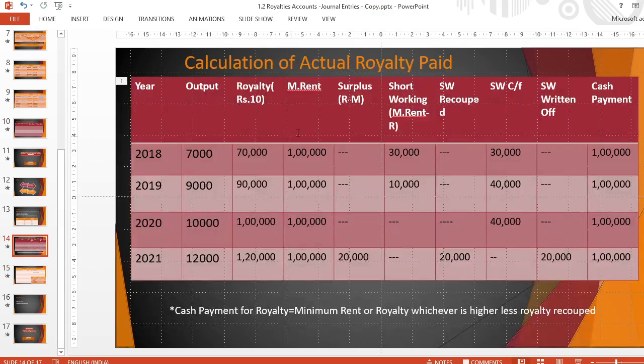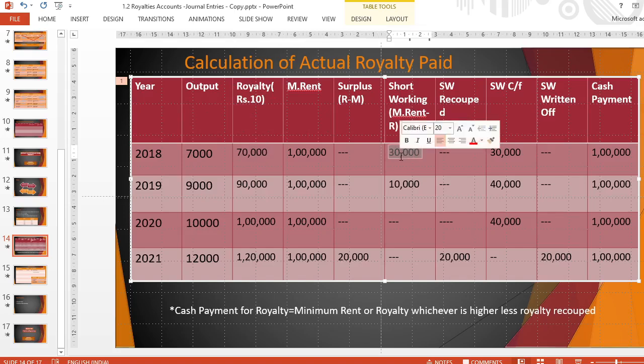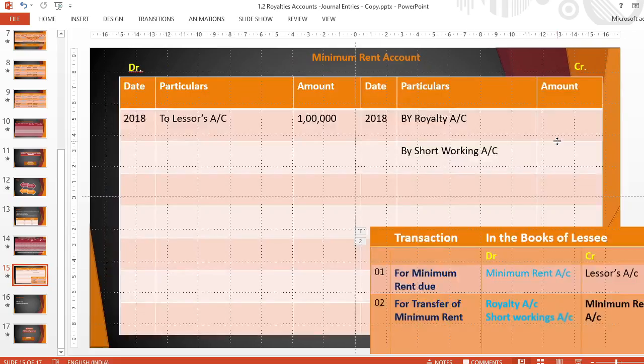So here in the year 2018, royalty is 70,000 and short working is 30,000. So in the year 2018, royalty column 70,000 and short workings column 30,000. I'll record the same thing.